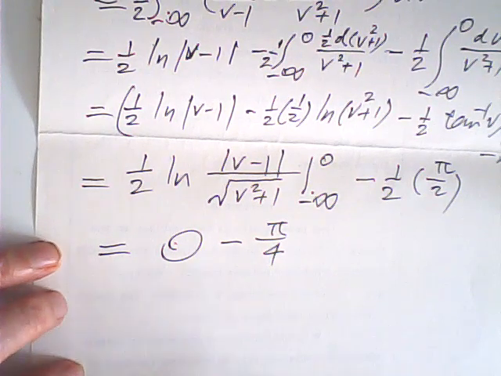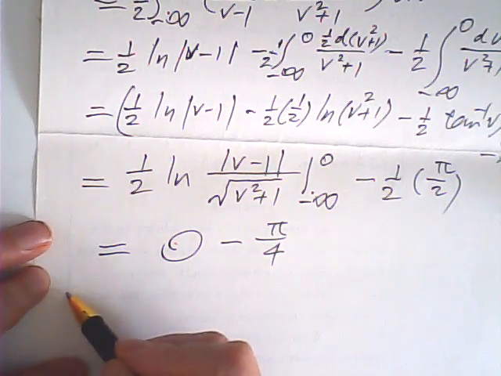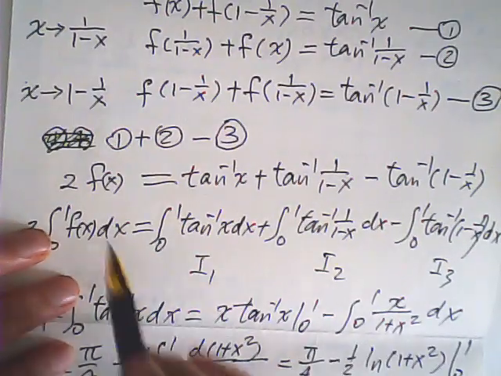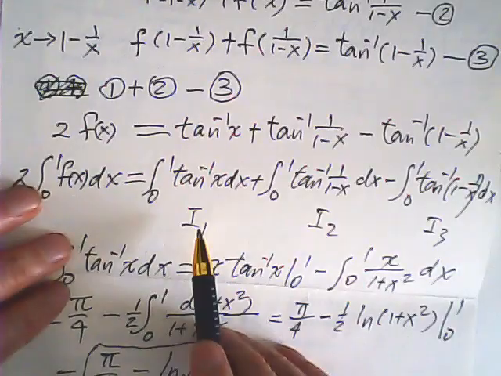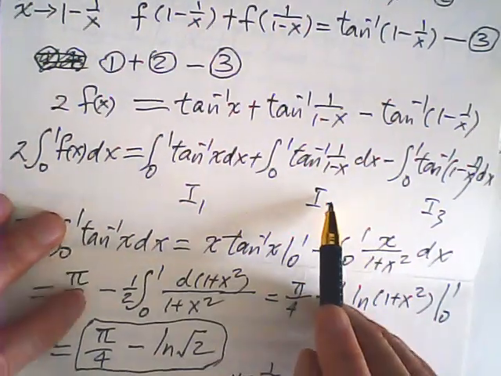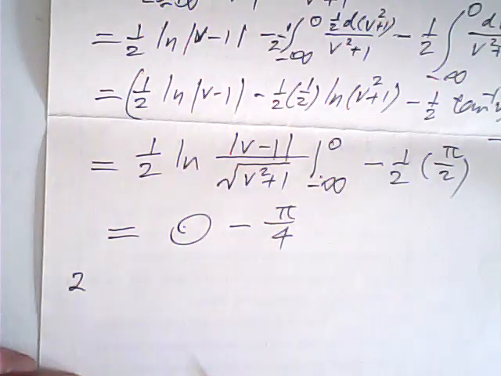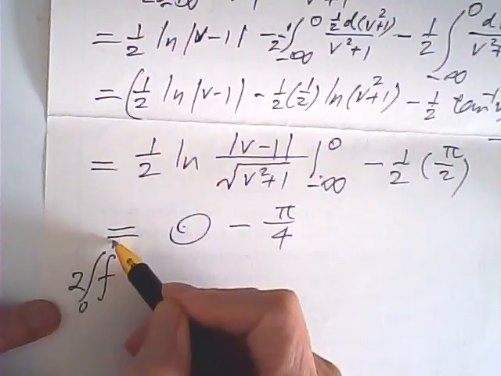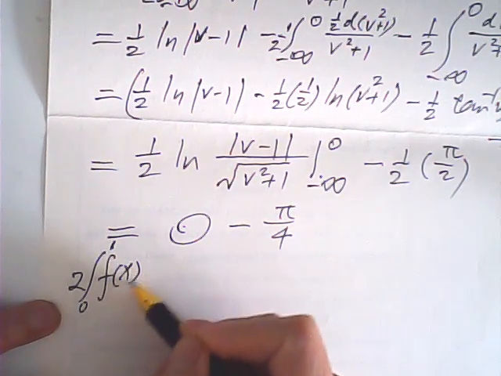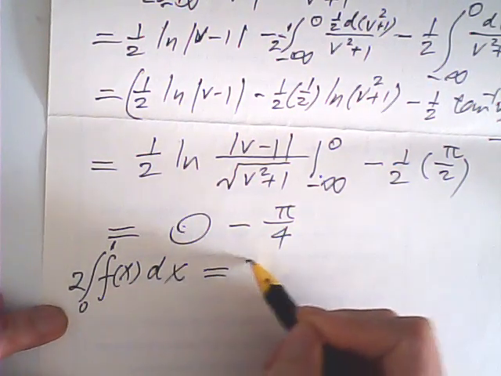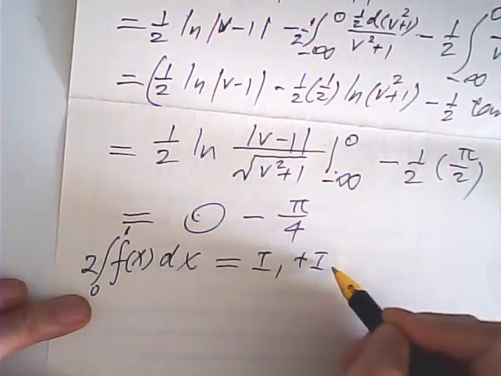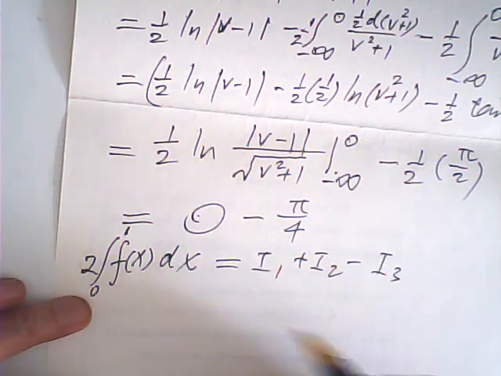Wow. Finally, I get 2 times the integral from 0 to 1 of f of x dx is equal to I1 plus I2 minus I3.